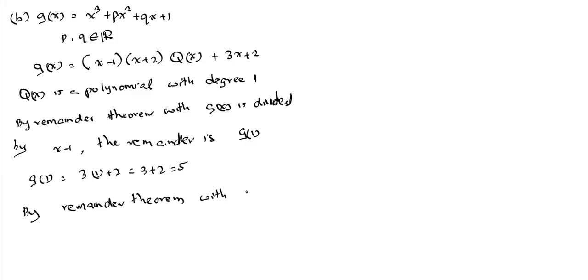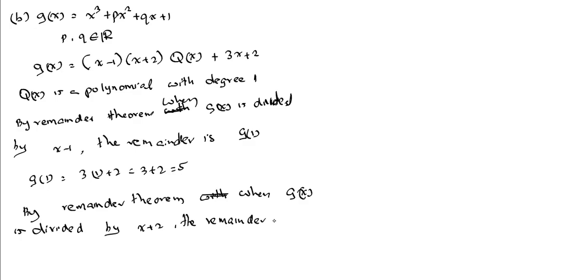By the remainder theorem, when g(x) is divided by x plus 2, the remainder is g(minus 2). Okay, so g(minus 2) is equal to 3 times minus 2 plus 2, that is minus 6 plus 2, that is minus 4.